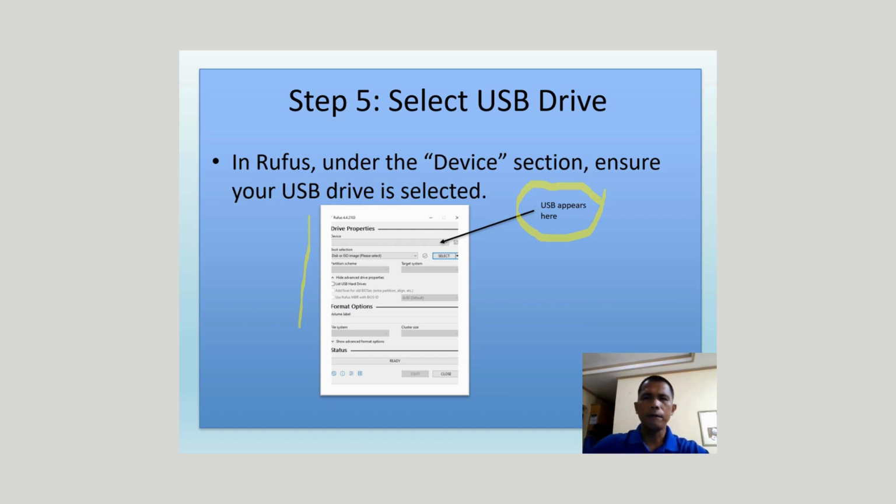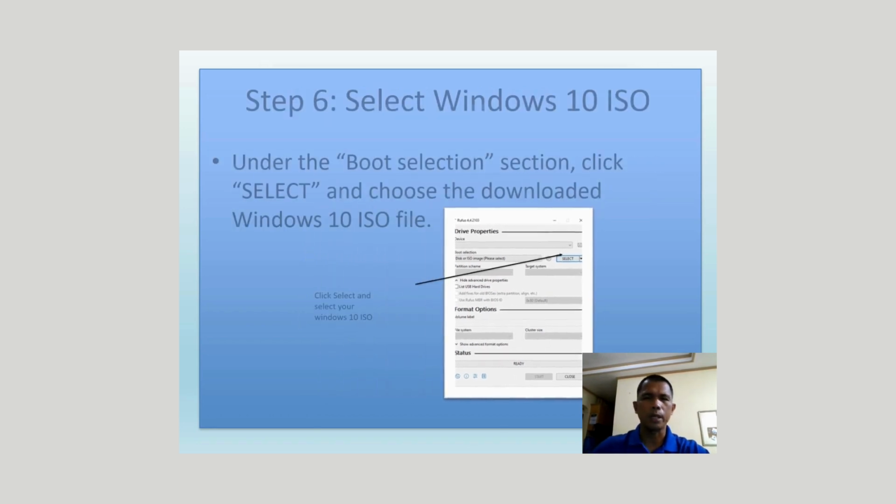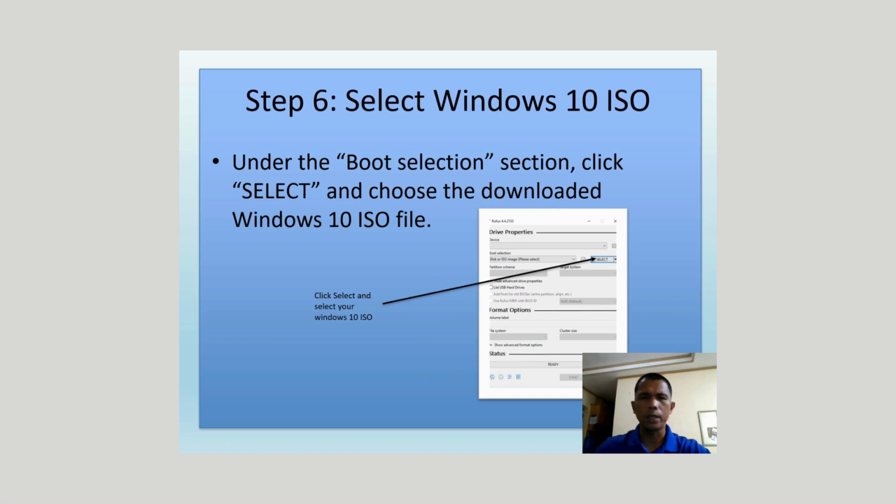After this step number 5, you go to step number 6. Select the Windows 10 ISO that you downloaded. Click the select button here, go to the folder where your Windows 10 is saved, and click the Windows 10 ISO file.